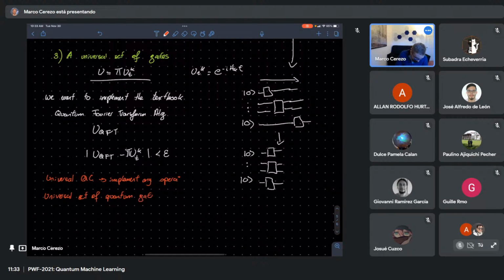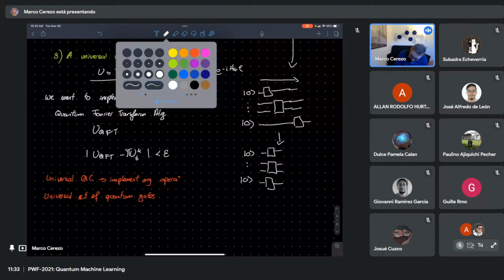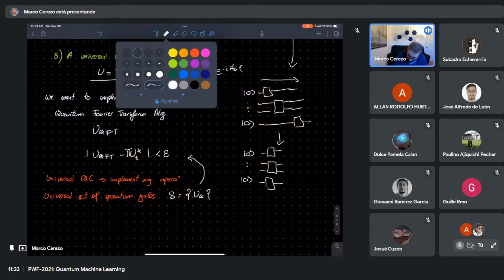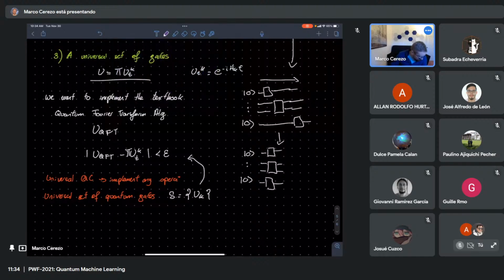So that means that I'm going to have a set S of some quantum gates that I can implement, and those are going to be enough so that if I apply a lot of them in sequence and in parallel, I'm going to be able to approximate any unitary, right? And if you want a proper definition about this, from here onward, whenever I'm talking about results such as this, let's use this right here.